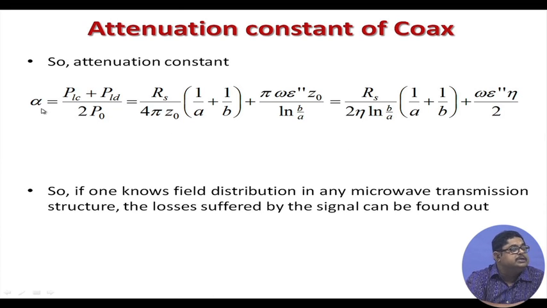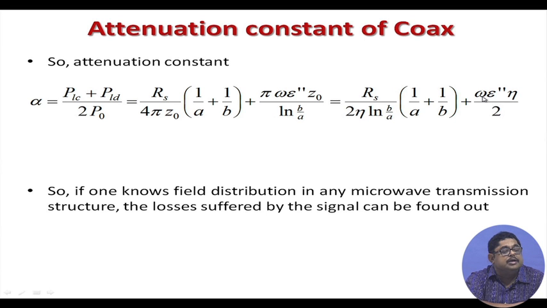So, you see the attenuation of coax is dependent on these parameters. Others are obviously what conducting material I am using, which determines the surface resistance, eta is the constant, omega is the frequency, and what dielectric, what is its loss tangent, it depends on that.